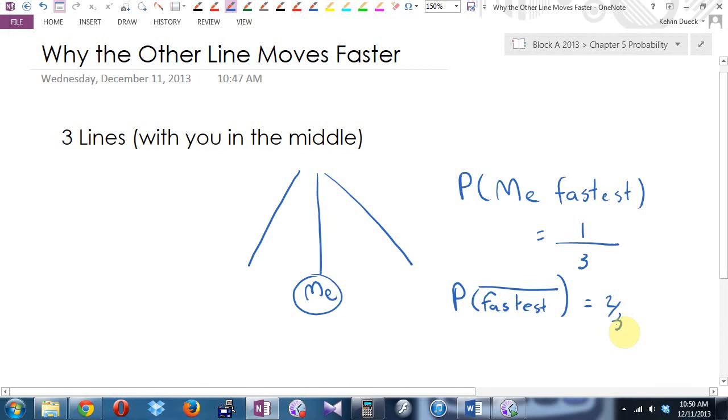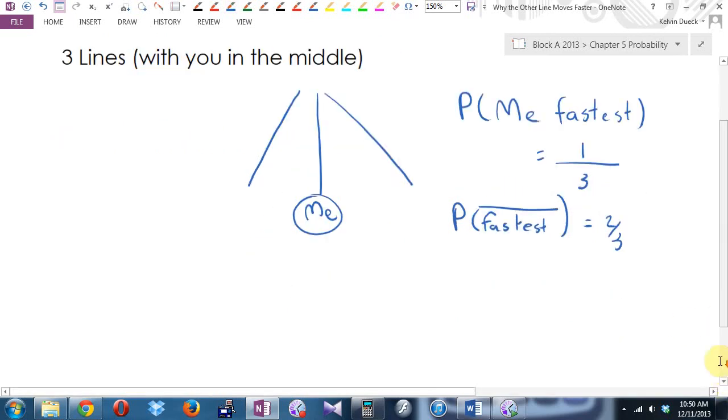We never notice that. All we notice is that a person that we used to be level with, we're no longer level with. We notice this bottom one when we're not the fastest. And I'm sorry, if you look at one line on either side, 2 out of 3 times, you're not going to be the fastest. Probability. It gets worse.